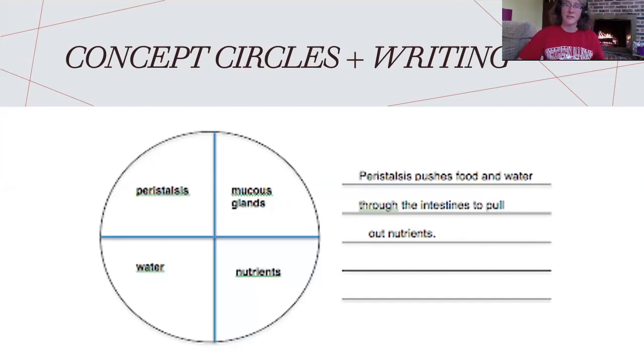The task was to demonstrate what one knows about how those fit together by writing a sentence. The sentence here was: peristalsis pushes food and water through the intestines to pull out nutrients. No mention of mucus glands. So it helps demonstrate students' reasoning in relationship to concept circles.